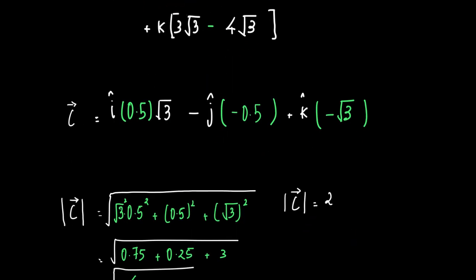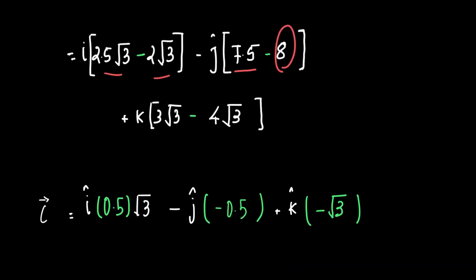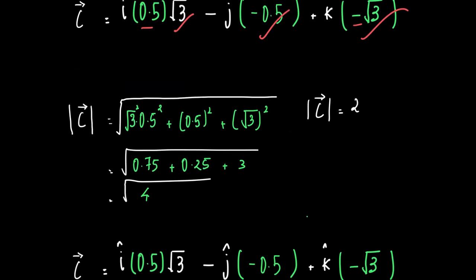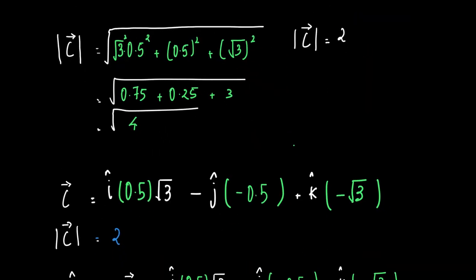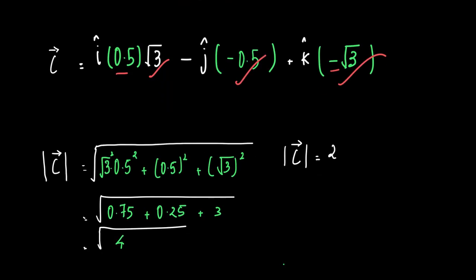Evaluating this, 2.5 root 3 minus 2 root 3 is 0.5 root 3. 7.5 minus 8 is minus 0.5, and 3 minus 4 is minus 1, root 3 minus root 3. After this, vector C is equal to 0.5 root 3 times i, minus times minus is plus 0.5 j, minus root 3 k.